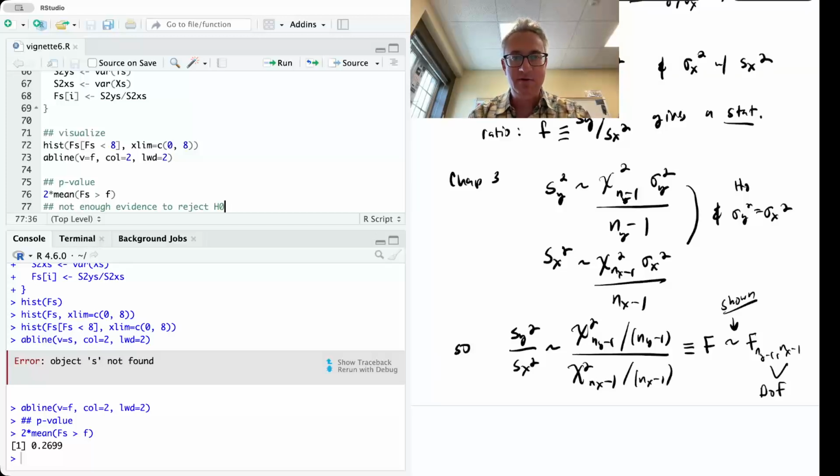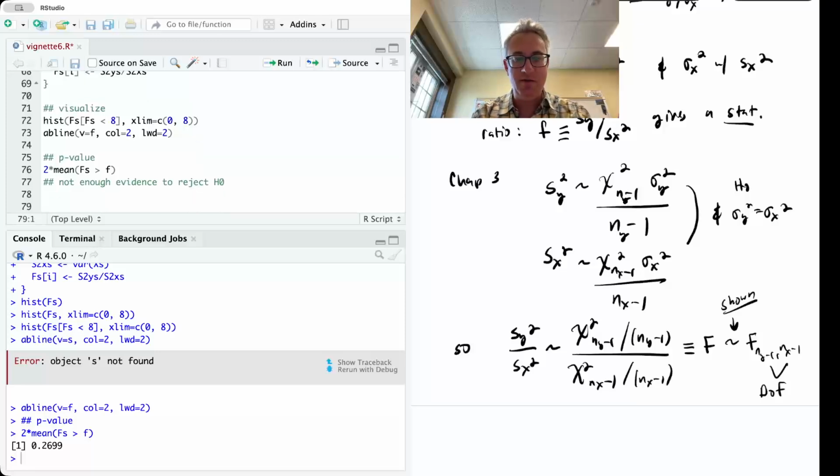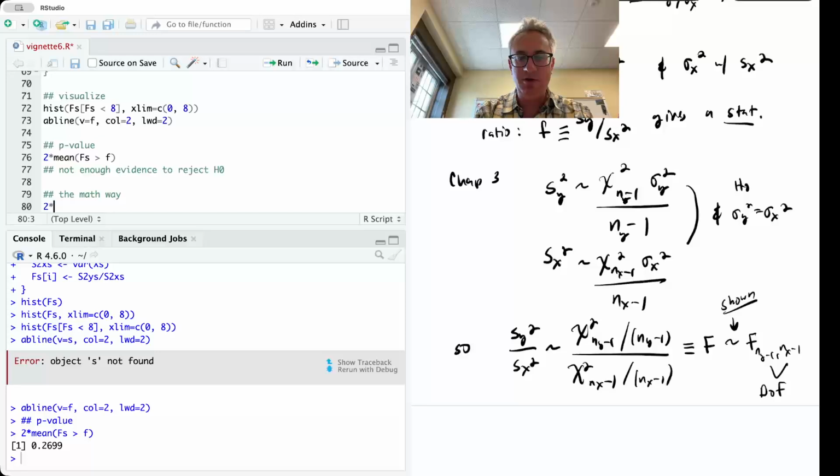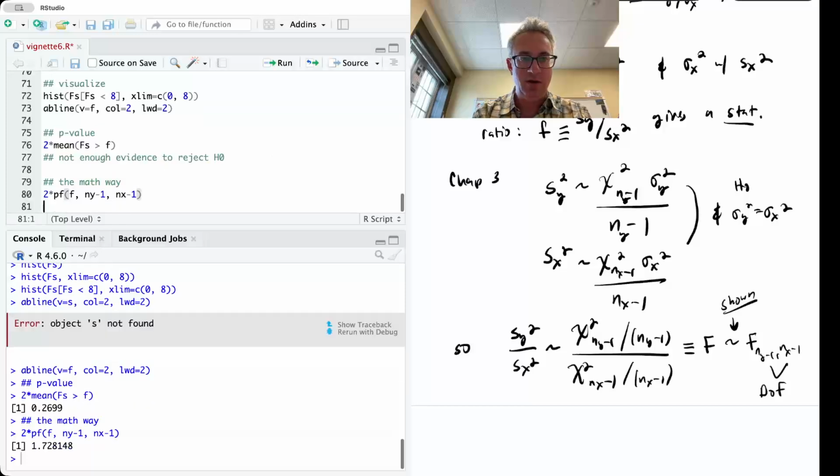test. Let me show you what I mean. The math way. So I can do 2 times PF and give it the F and NY minus 1 and NX minus 1, and I need to make sure I do lower tail equals false.